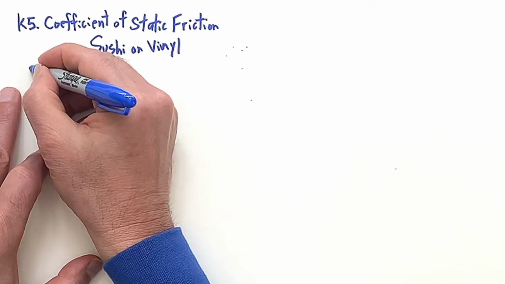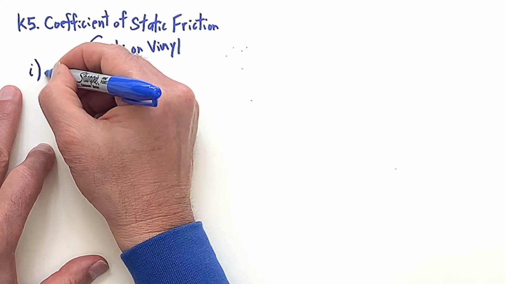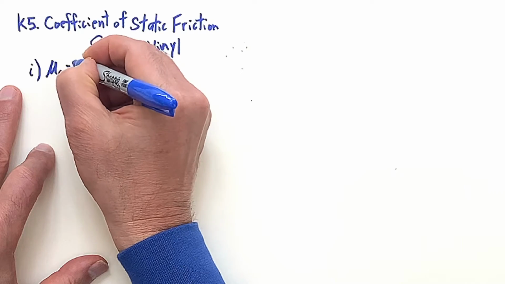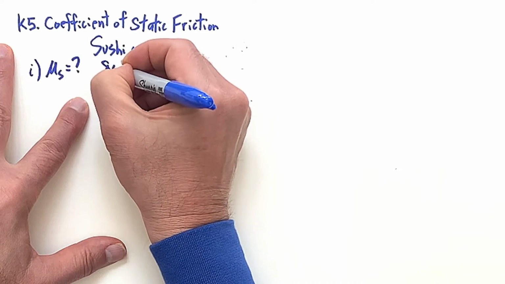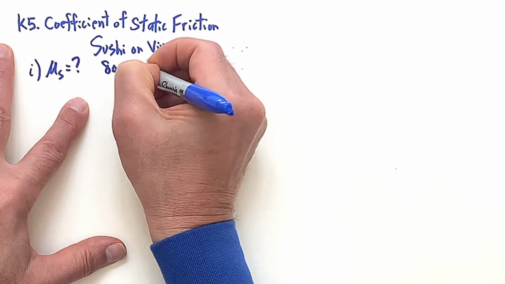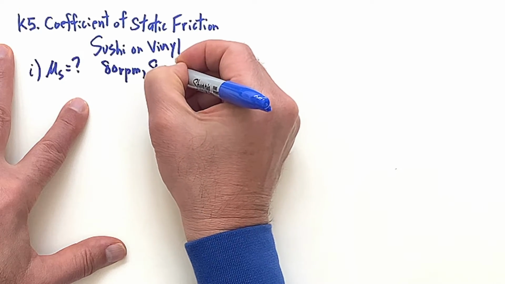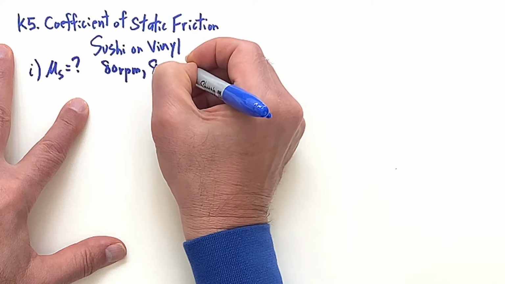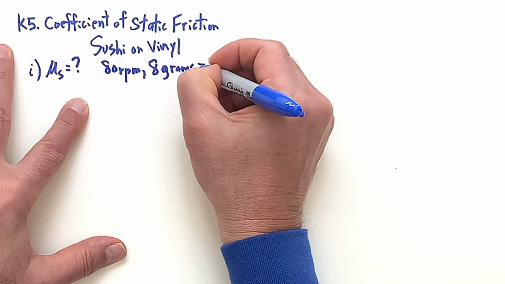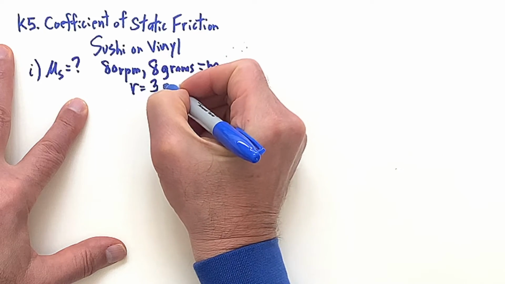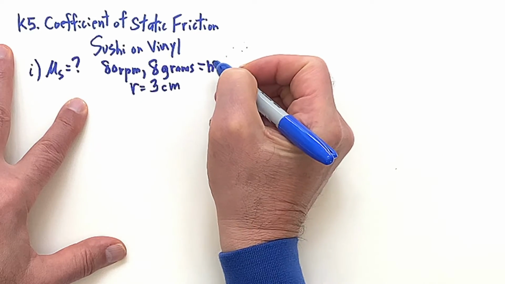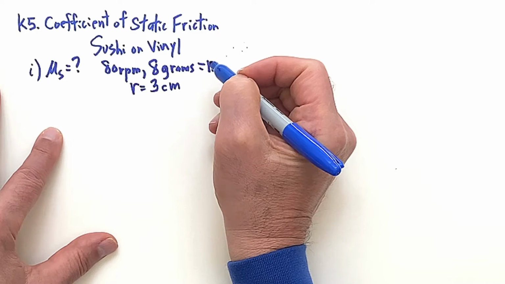So to do this problem, part 1, we want to find out mu s, given that at 80 RPM, 8 grams for the mass and a distance of 3 centimeters, slipping starts to occur.